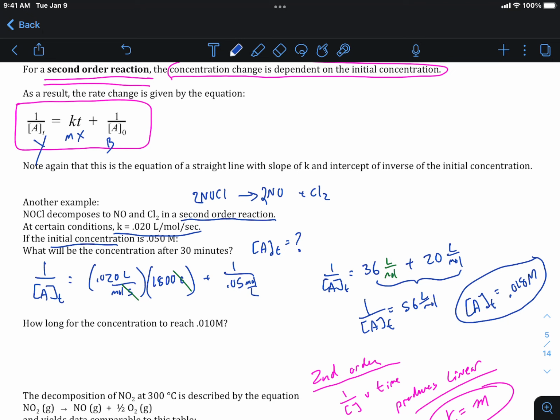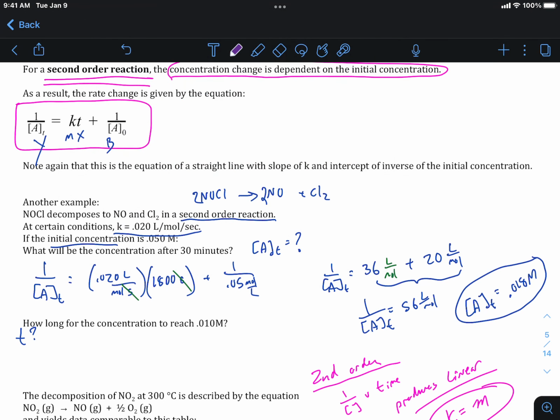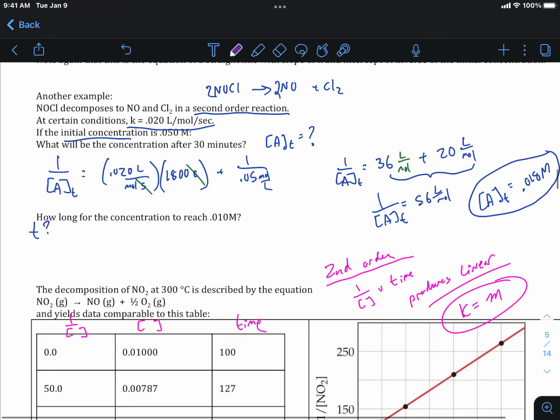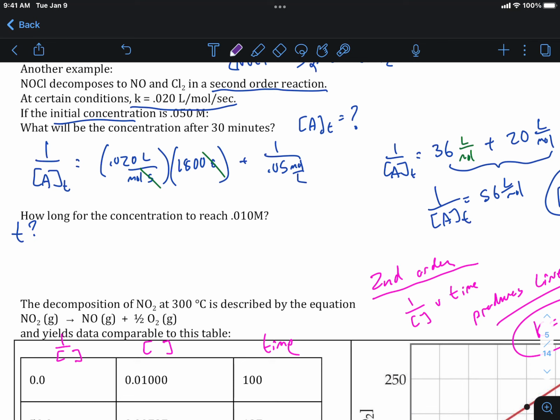Second question, how long will it take for the concentration to reach 0.01 molar? So they're asking for time. How long will it take? Okay. Well, since both concentrations are known, we can just go ahead and use the same equation, plug in what we know, but this time we're solving for time.